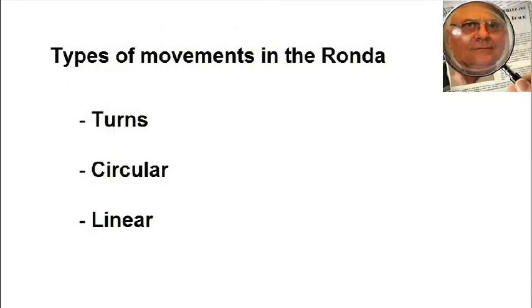Types of movements in the ronda model. Again, imagine being at a milonga, watching the milongueros dancing around the hall, and let's analyze the types of movements of the dance. There are 3 types of movements. Linear movement, meaning moving in straight lines, forward, backward, and to the side. Circular movements, gyros and ochos.